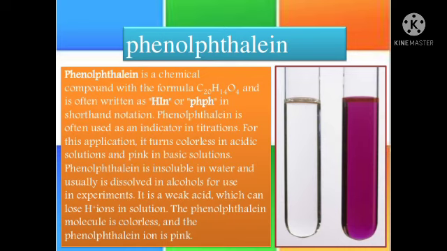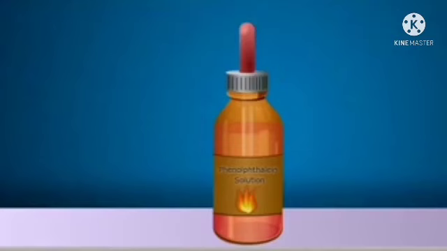For this application, it turns colorless in acidic solutions and pink in basic solutions. Phenolphthalein is insoluble in water and usually is dissolved in alcohols for use in experiments. It is a weak acid which can lose H plus ions in solution. The phenolphthalein molecule is colorless and the phenolphthalein ion is pink in color. Phenolphthalein solution.